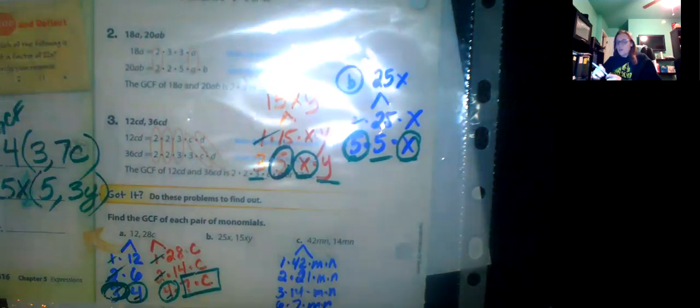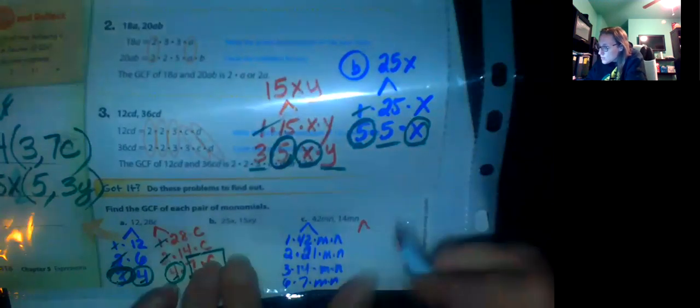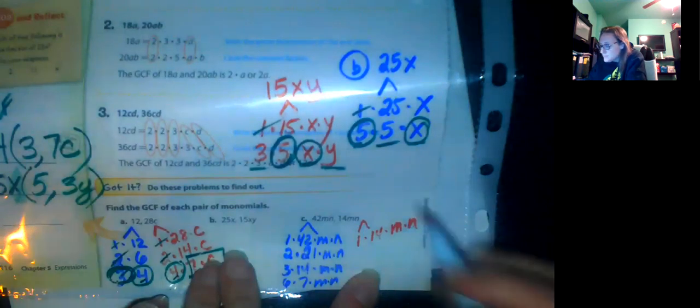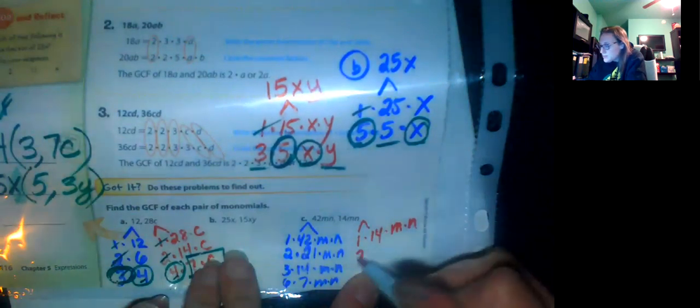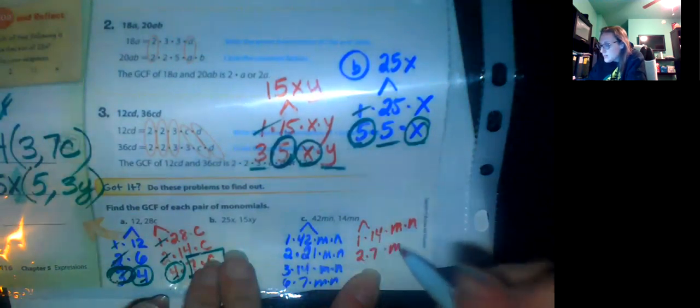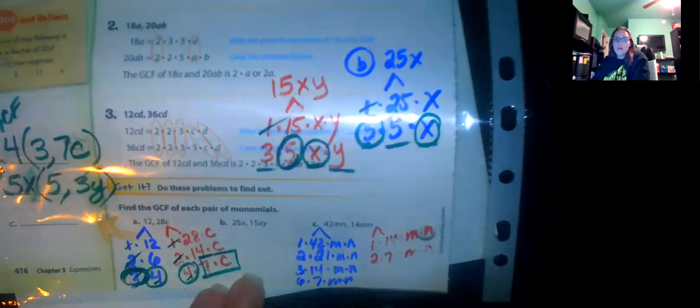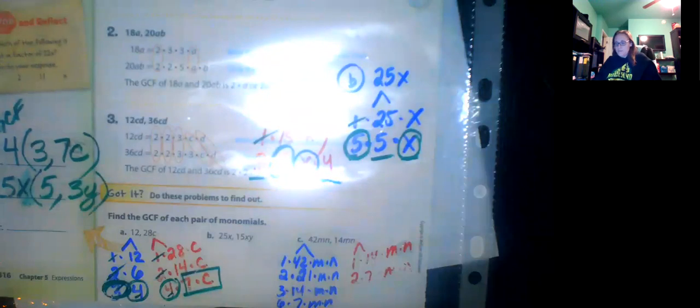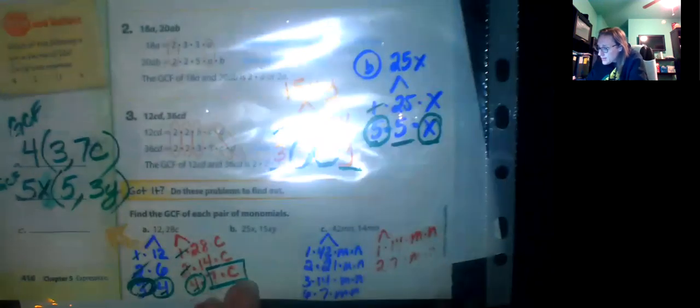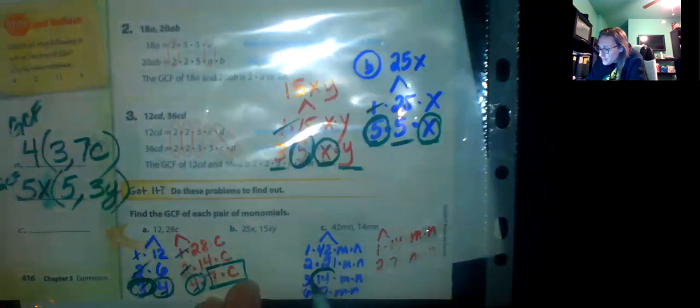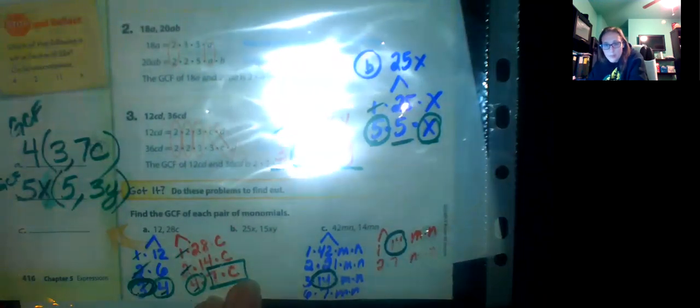Okay, let's look at the other number, 14. So 1 times 14 times m times n. And 2 times 7 times m times n. Okay, so now let's figure out what they have in common. So the biggest number that they have in common is actually that 14. Do you see it?